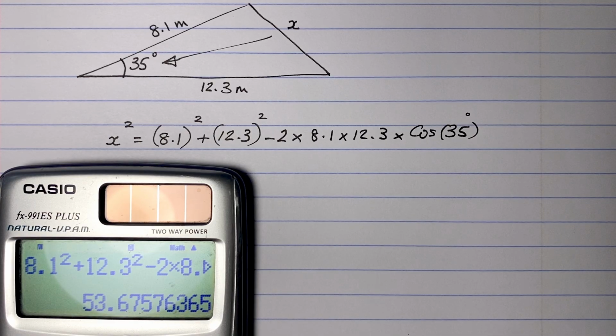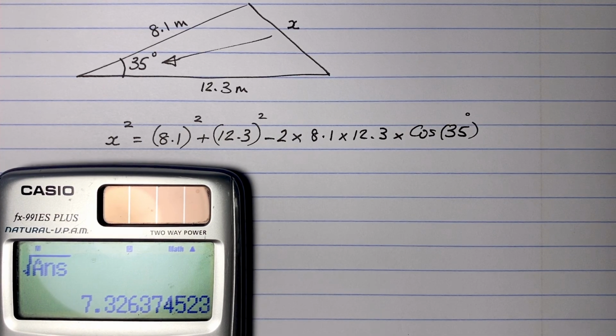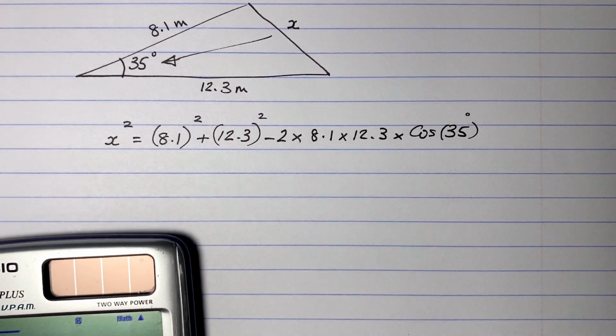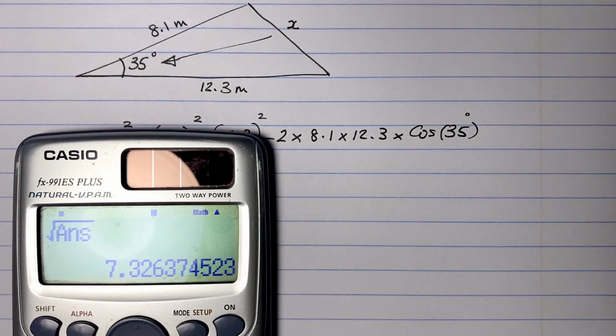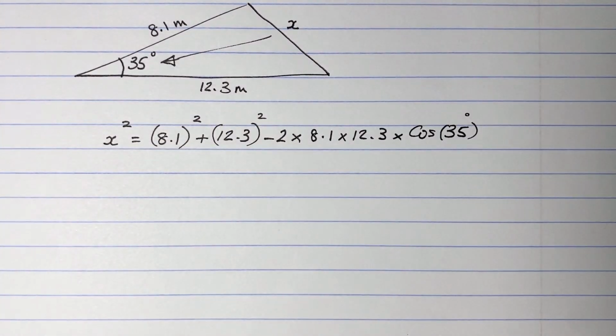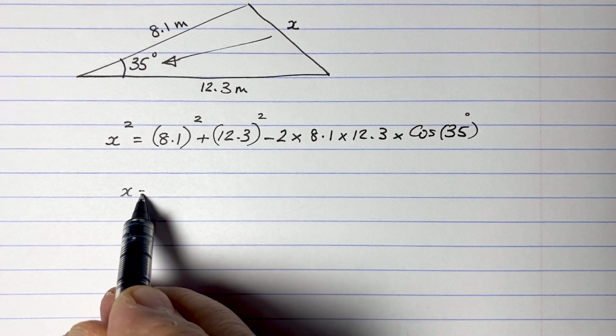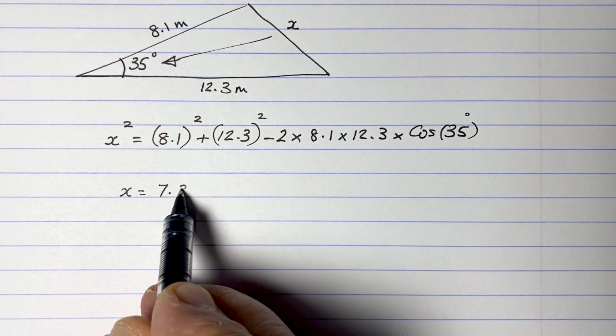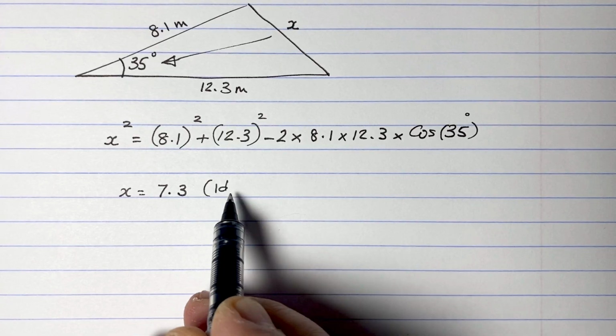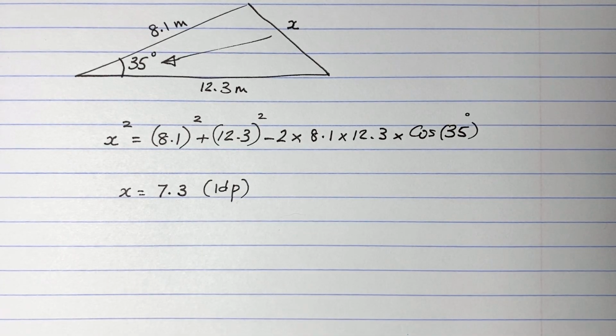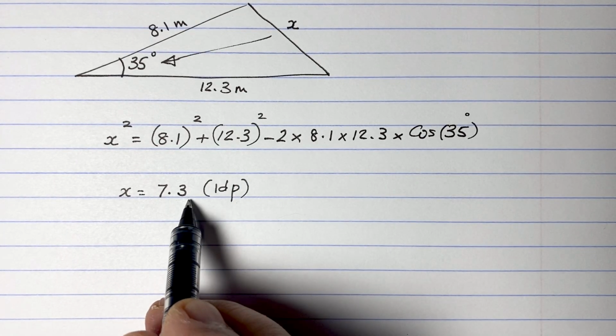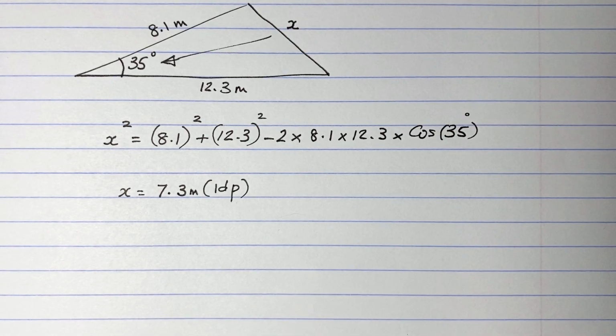This is x squared. Take the square root of the answer. So the answer would be 7.3 to 1 decimal place. So x equals 7.3, 1 dp. Of course, the unit is meters.